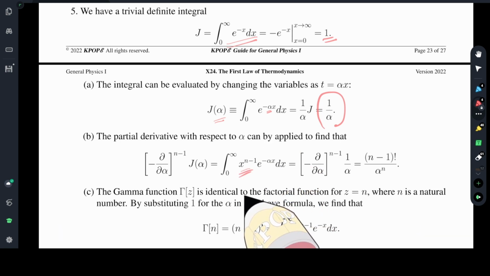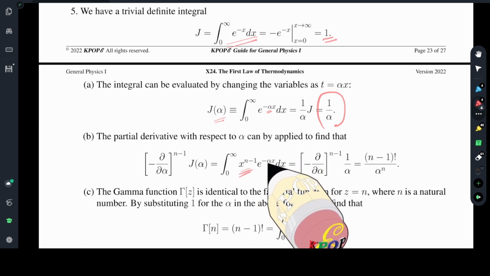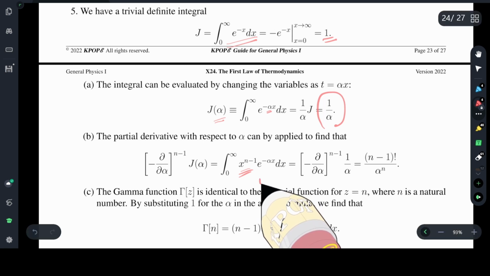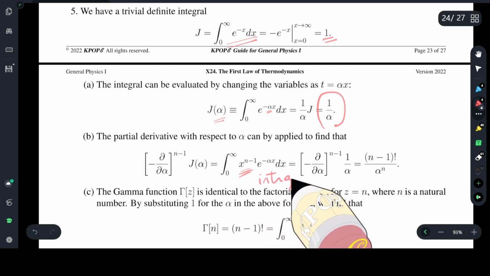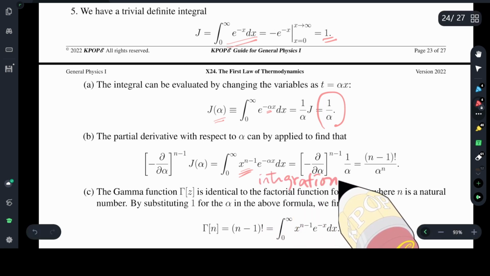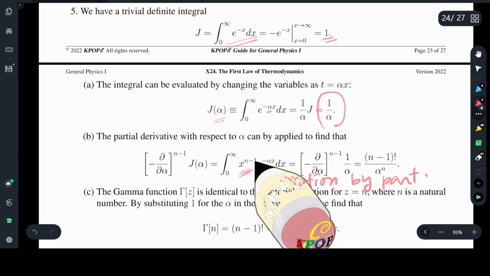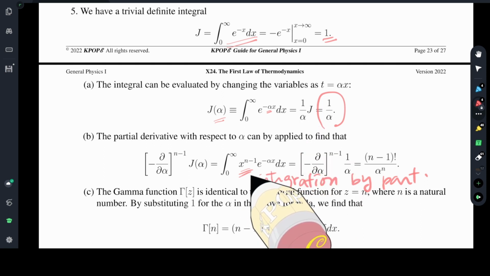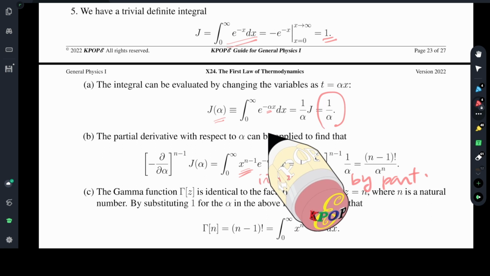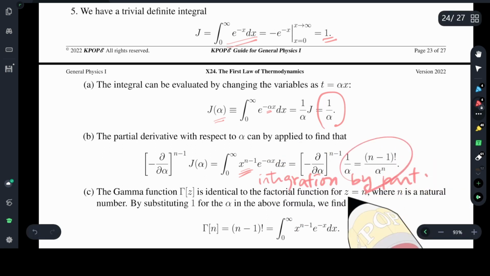In calculus, you will learn how to compute this repeatedly by applying integration by parts. But with integration by parts, you have to repeat n times, and perhaps you need to evaluate a few times and use mathematical induction, and it takes a very, very long time. But I have a simple way, the partial derivative. The answer is this.